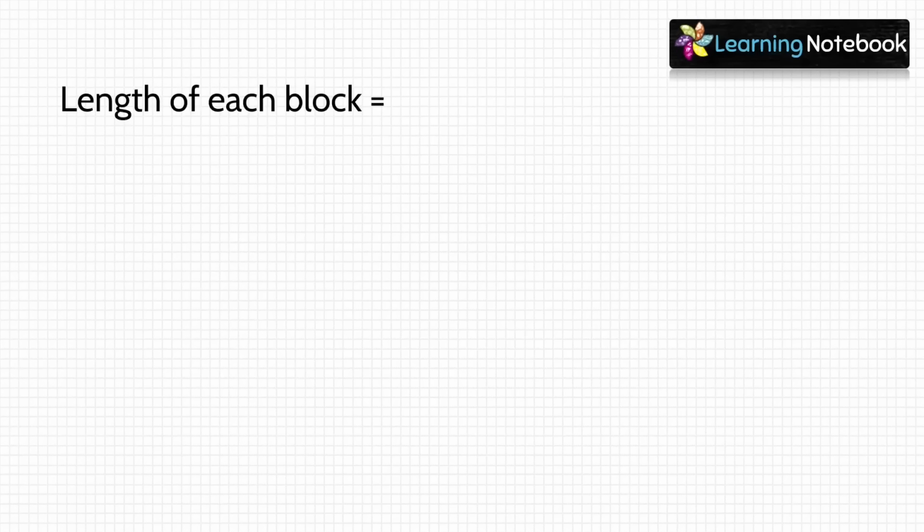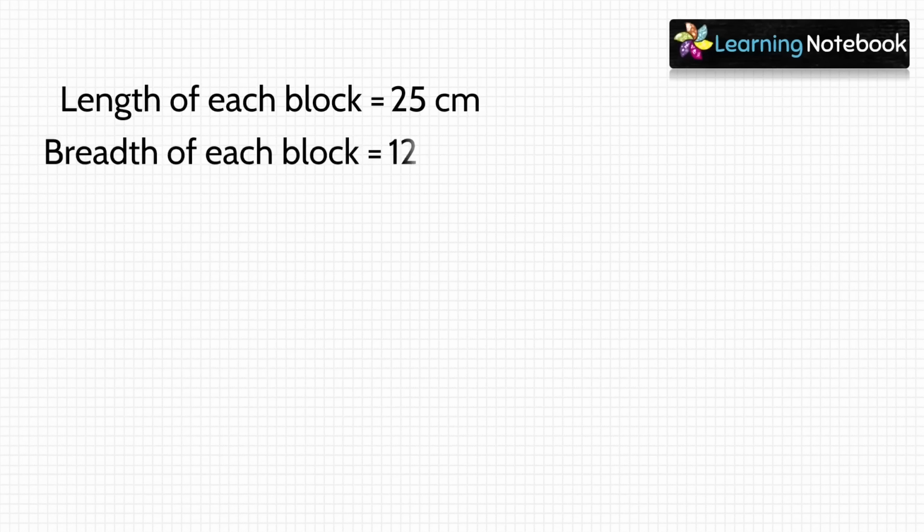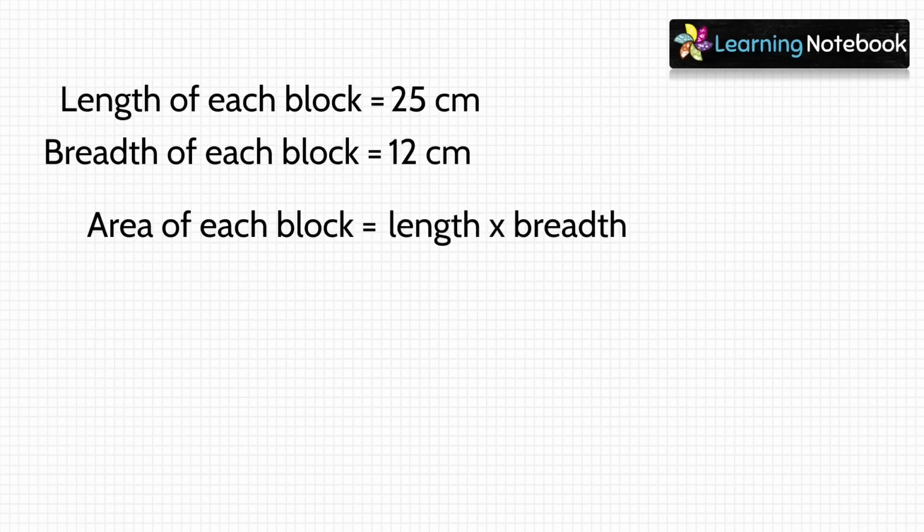Now let's find area of each block. We are given length of each block as 25 centimeter and its breadth as 12 centimeter. Again, since we are given with length and breadth of block, we will assume it to be a rectangular block. So area of each block is length into breadth.